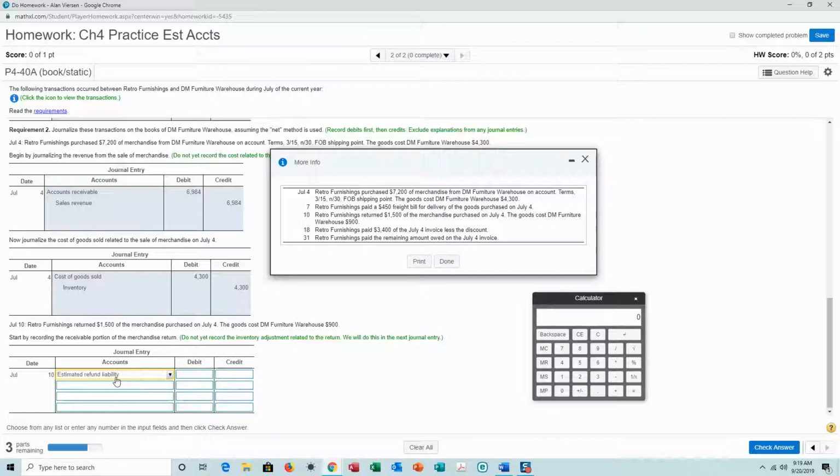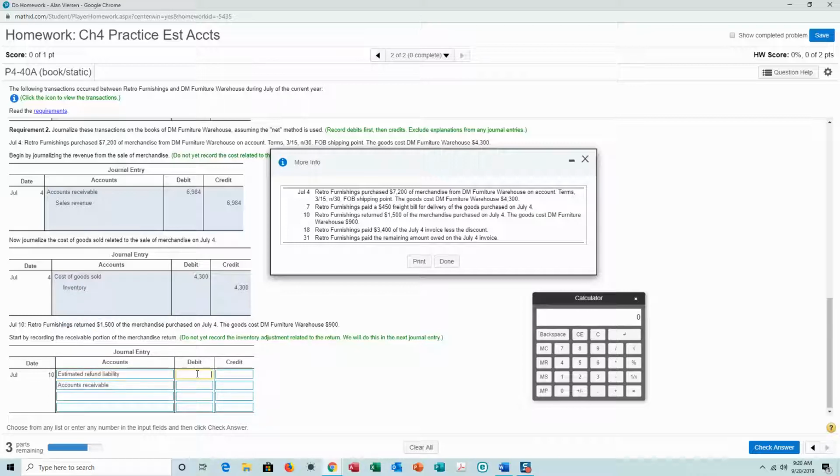Each time an individual customer returns something, we debit it. It's like filling up a bucket and then emptying it out one cup at a time. So each time a customer returns an item, you debit the liability to lower it, and then at the end of the next month, you would refill the bucket. And of course, we're going to credit accounts receivable.